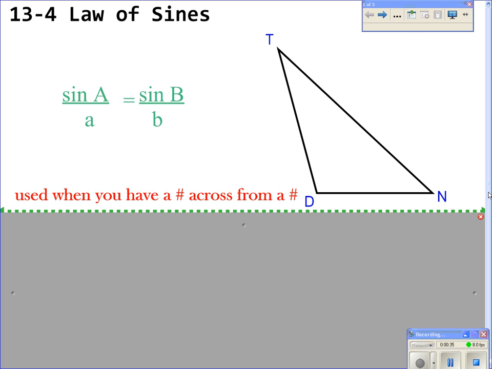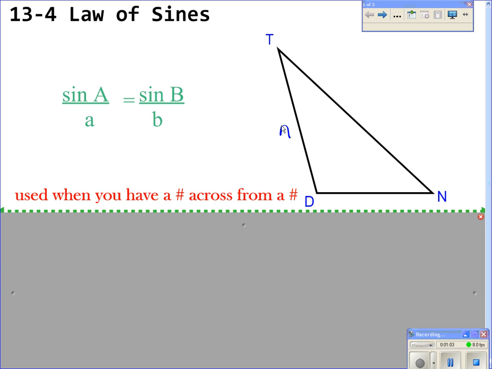So the law of sines is sine of angle A over A equals sine of angle B over B. Now, the reason I have this triangle over here with T, D, and N on it is because in triangles, and this is pretty much universal, if you have a capital letter, which all the angles should be capital letters, straight across from that angle is the lowercase version of that same letter.